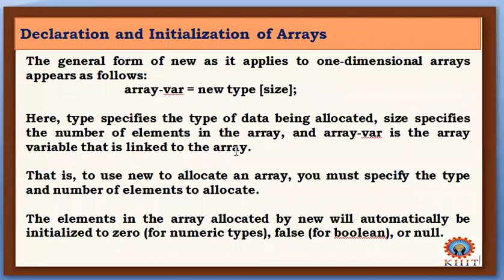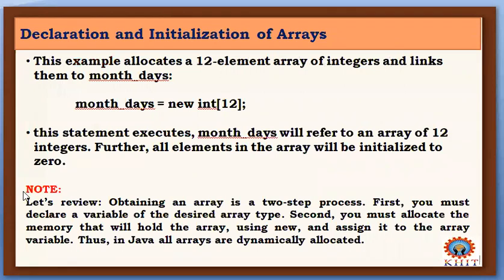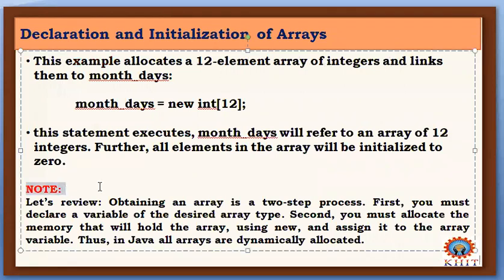Right, so here's the note you study here. Obtaining an array is a 2-step process. First, you must declare a variable of the desired array type, and then second, you must allocate the memory that will hold the array. Because in Java, all arrays are dynamically allocated.